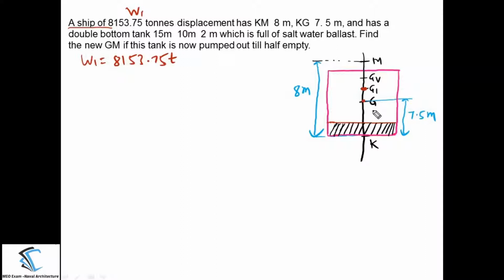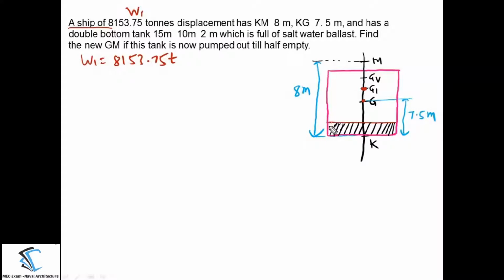Because of that, there will be a rise of the center of gravity from G1 to GV. So the first step, we have to find out the weight of the water which is pumped out. Now they are saying half of the water is pumped out.